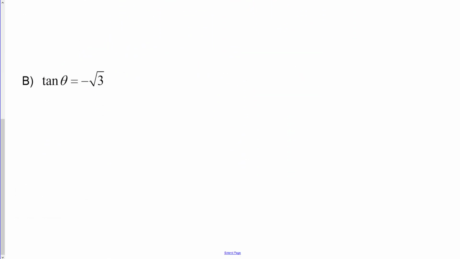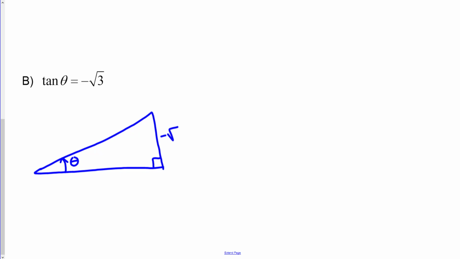Let's find an angle measure whose tangent is -√3. Again, I'm just going to start with a right triangle. I call this my observed angle theta. Tangent I know to be the opposite side over the adjacent side.